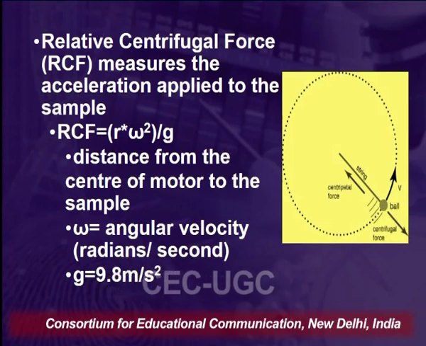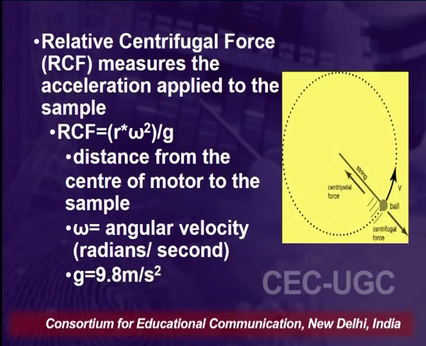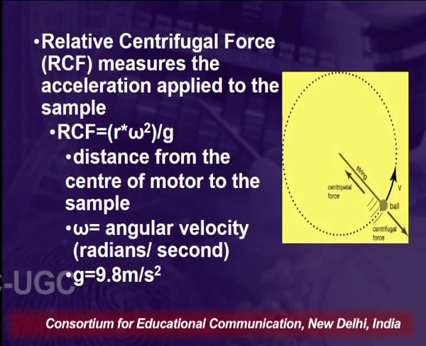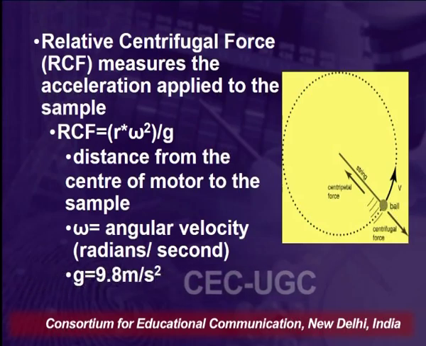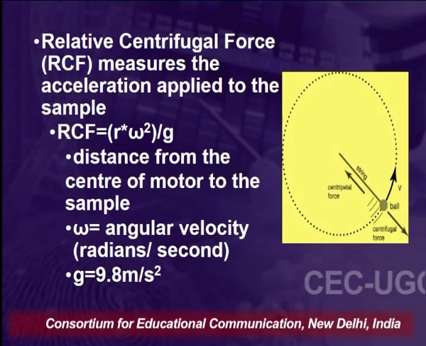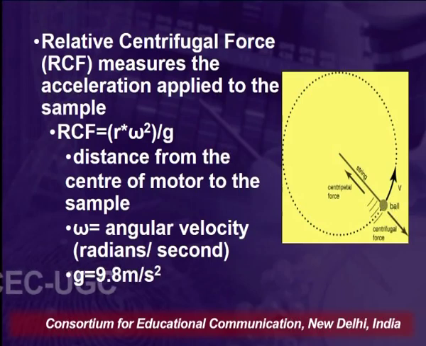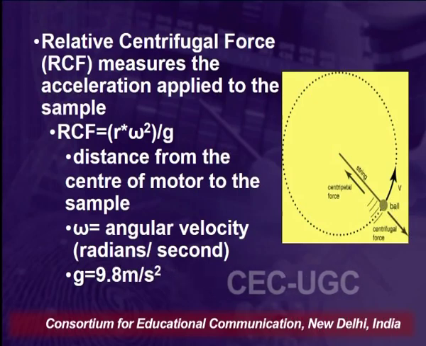RCF is R multiplied by W square divided by G, where R is the distance from the center of the motor to the sample, W is the angular velocity which is measured in radians per second, and G is the force of gravity which is 9.8 meter per second square.